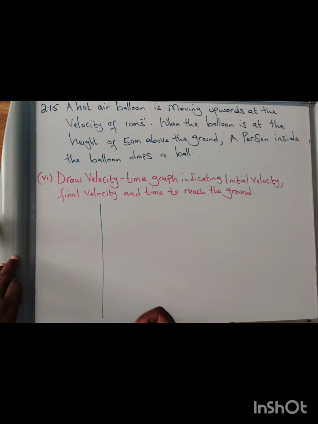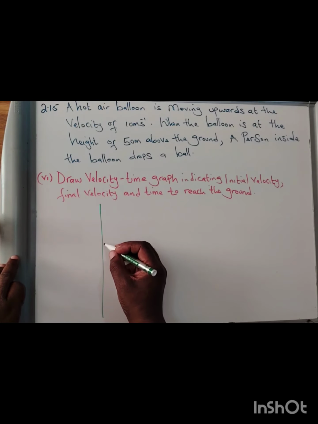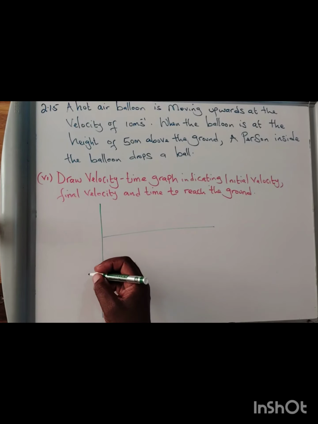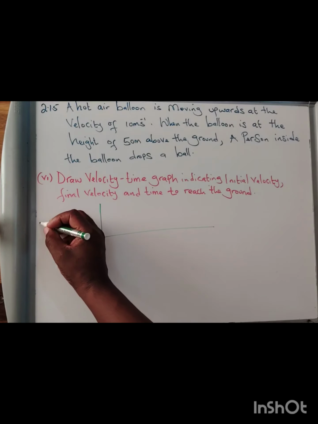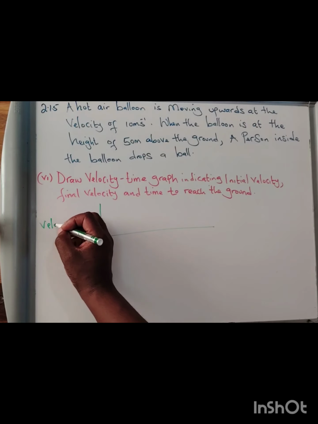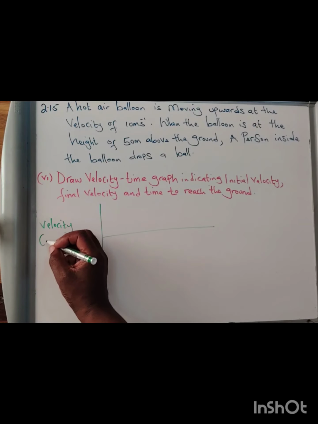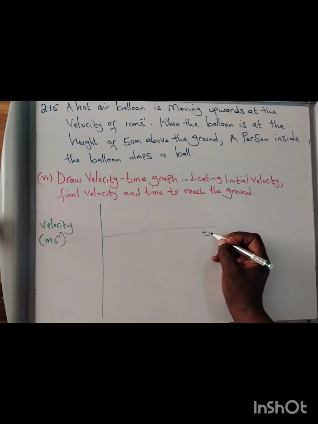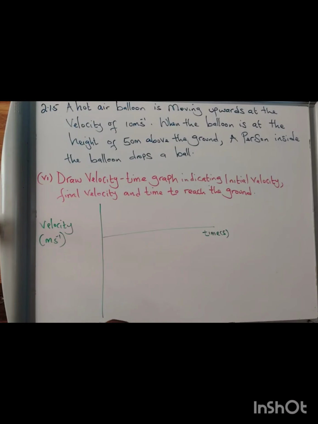So if this is our y-axis and this one is our x-axis, what we have on the y-axis is velocity in meters per second. And what we have here is time in seconds.